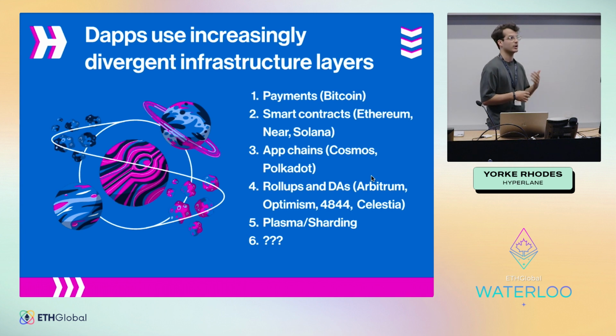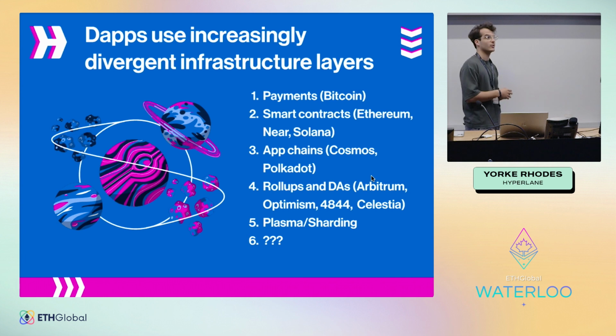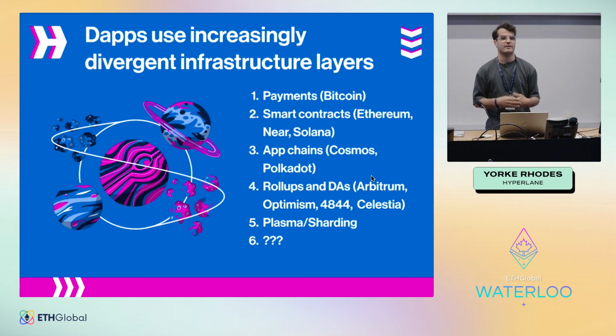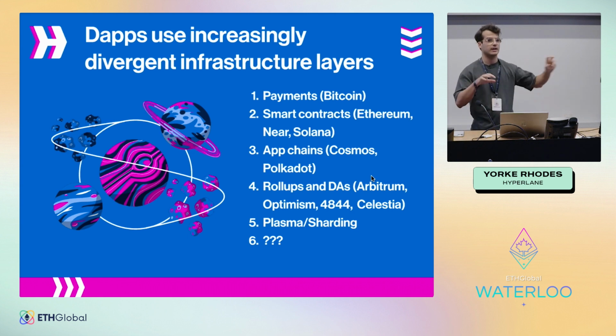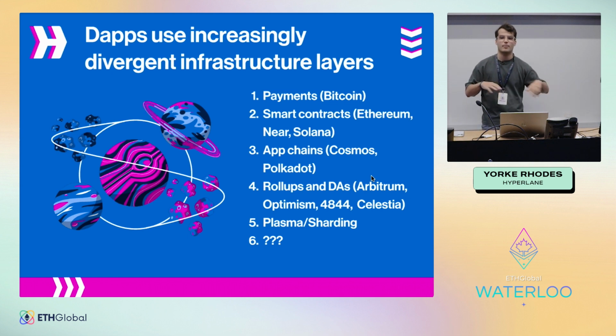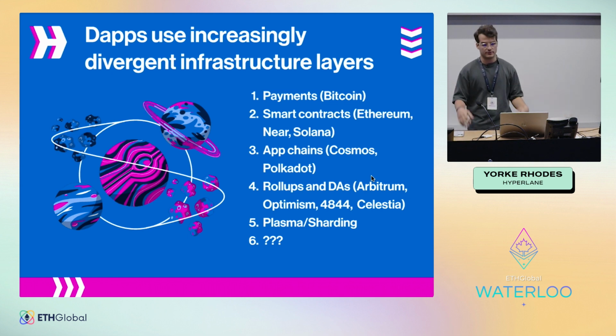I think if you look at the evolution of crypto, we've continued to diverge with respect to what protocols we use. Maybe the first decade was just Bitcoin payments. It's a very simple application. And then we evolved to these smart contract VMs, and that got a little more complicated. We saw Ethereum and Near and Solana all popping up with different protocols.